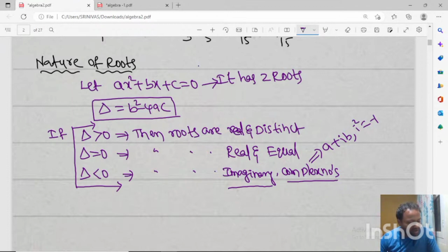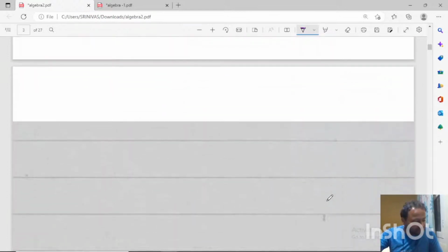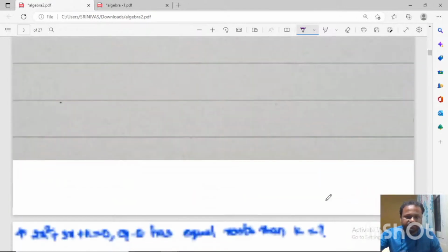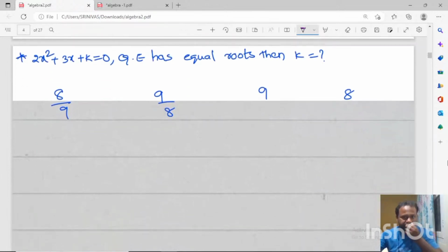Now I will write one question. Okay, let us start the question. This is the question. 2x square plus 3x plus k is equal to 0.